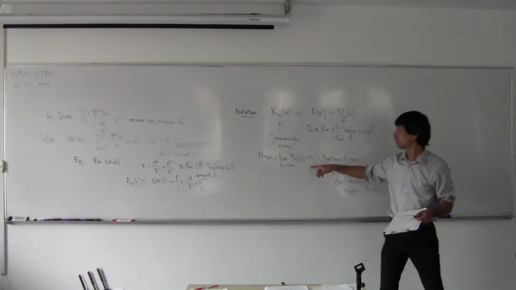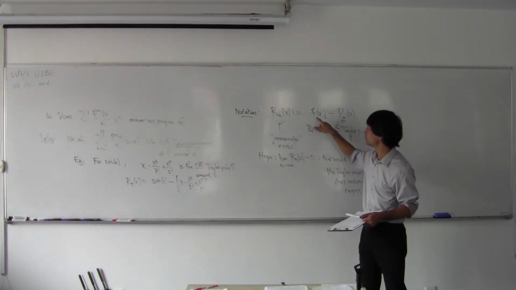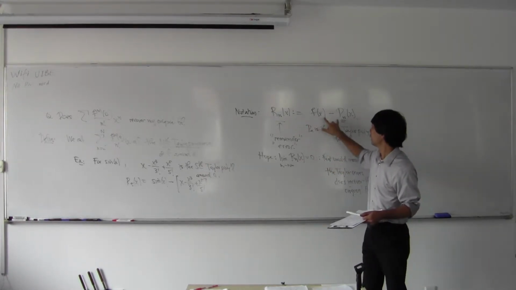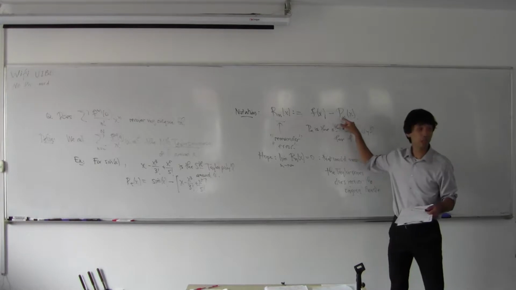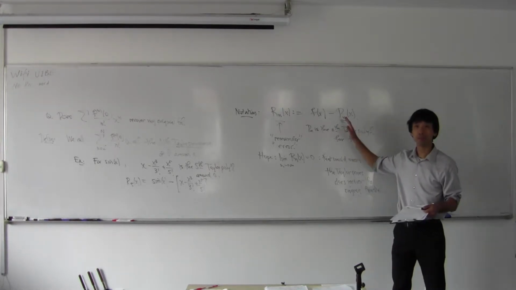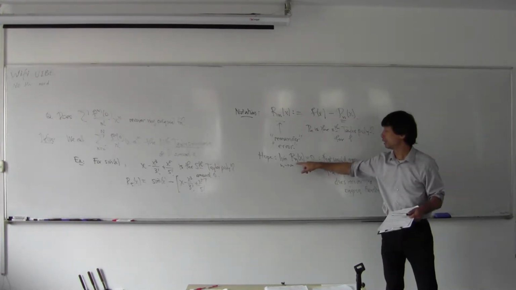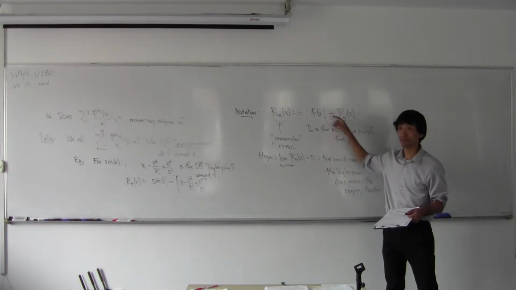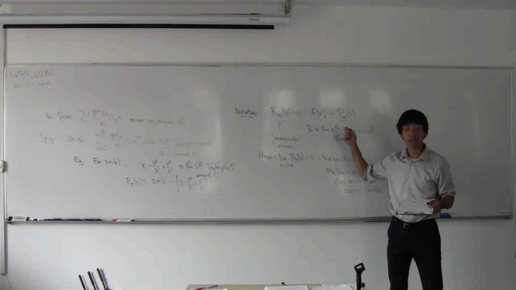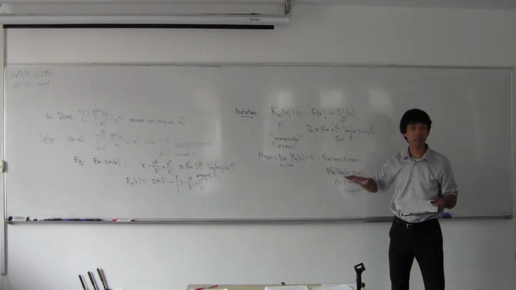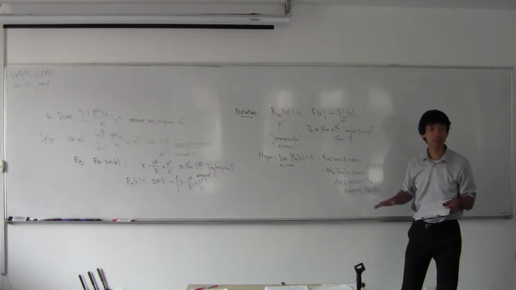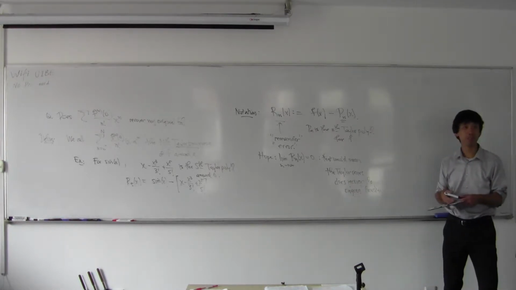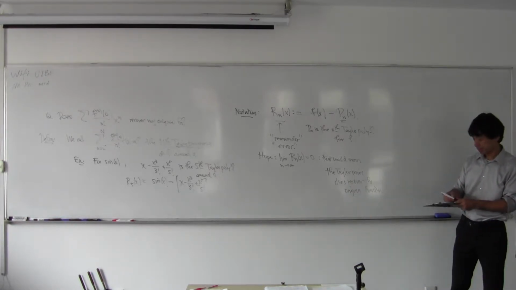We say, let R sub n be the difference between the function and the nth Taylor polynomial. If as n goes to infinity that difference goes to 0, then that's good. Then the Taylor series actually does recover your function. But if not, then you can't. You don't have a Taylor series expansion for your function.